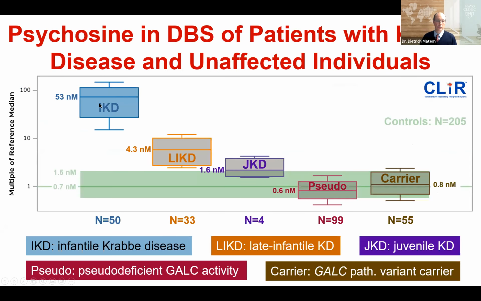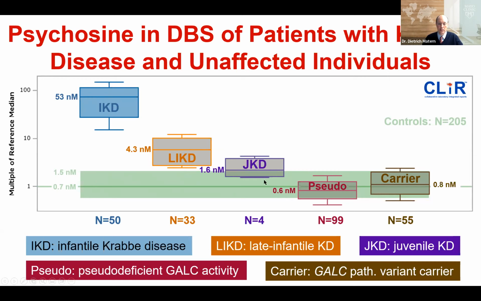And just to show you how psychosine behaves in patients with infantile Krabbe disease compared to healthy controls, you can see that in infantile Krabbe disease, it is markedly elevated over healthy babies. In late infantile Krabbe disease, where we have 33, you can see that it's also abnormal compared to normal, but the gap is less.